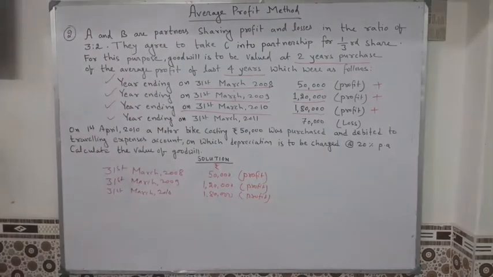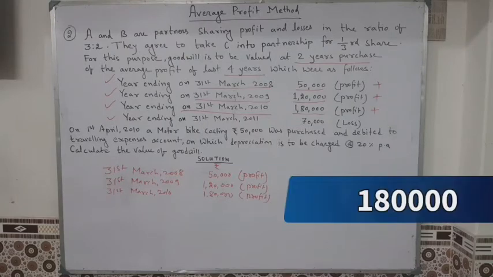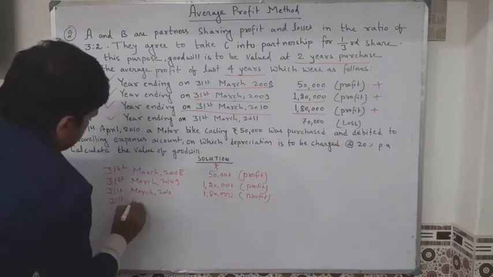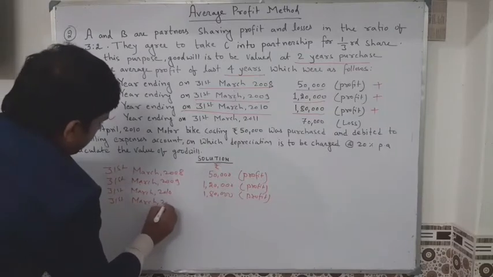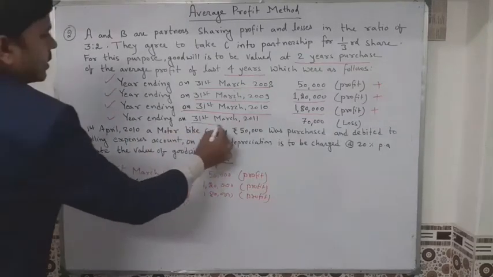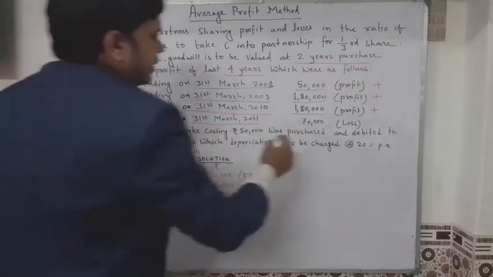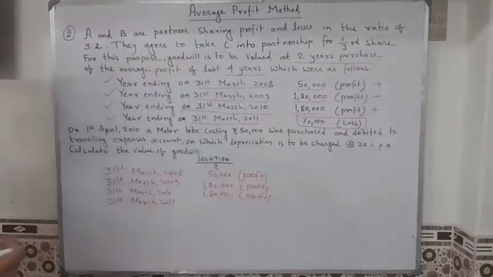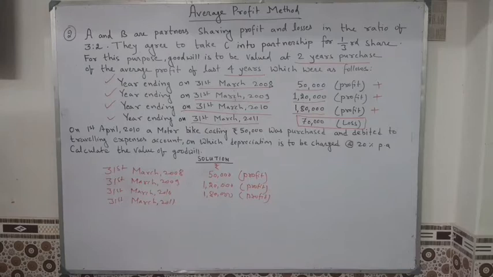Okay, note it. 31st March 2008, 50,000 profit. 31st March 2009, 1,20,000 profit. 31st March 2010, 1,80,000 profit. Then 31st March 2011, 70,000 is given. This is loss. Then how will you solve this problem?